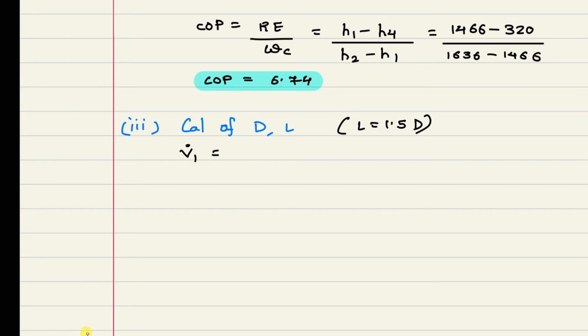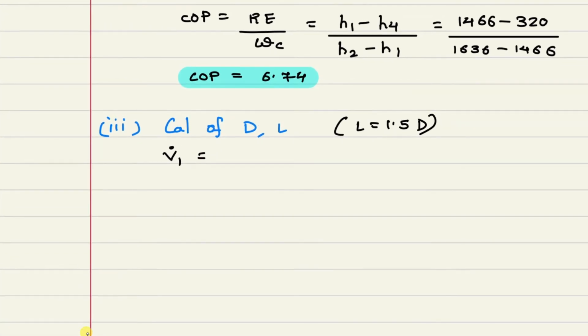Why V dot 1? Because for compressor, we see at the entry what is the volume flow rate. Okay, that is why. So V dot 1 is equal to C into pi by 4 D square into L into N dash by 60 into volumetric efficiency.